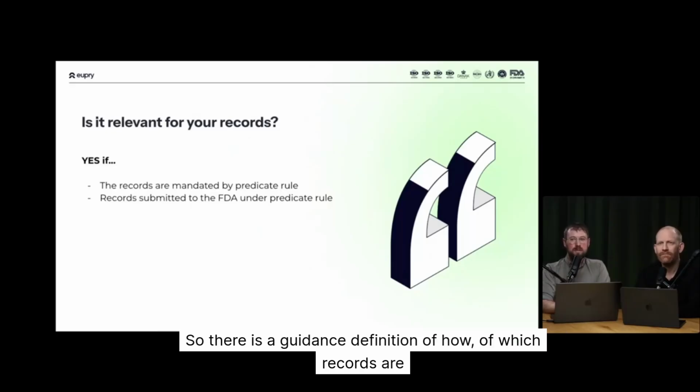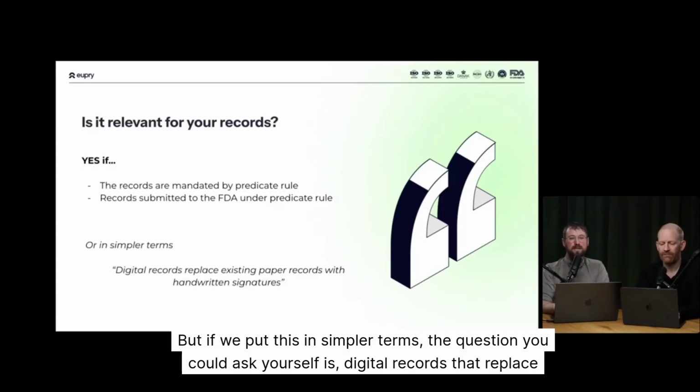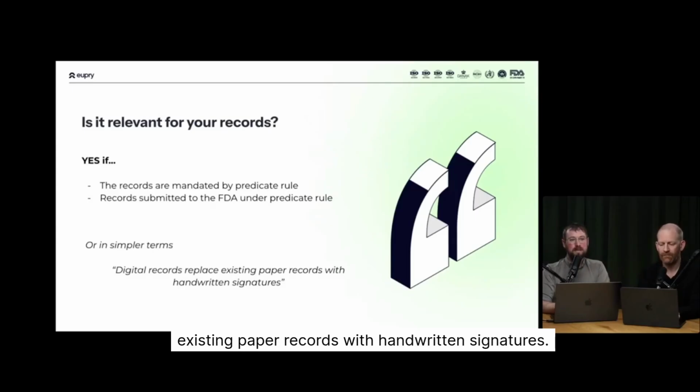There is a guidance definition of which records are applicable to 21 CFR Part 11. But in simpler terms, the question you could ask yourself is: are these digital records that replace existing paper records with handwritten signatures?